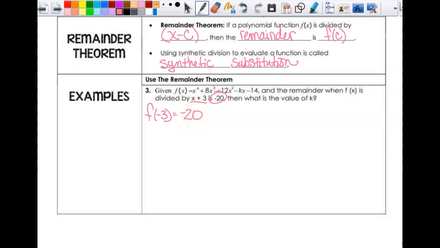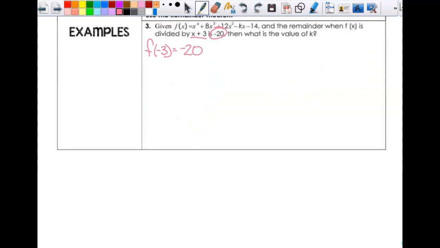I could figure this out by actually substituting negative 3's for all of this and then figure out k, but that's yucky. Since I know that f of negative 3 is that remainder, that's what allows me to do the synthetic division to figure this out.